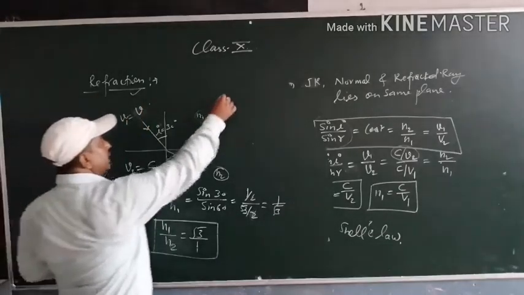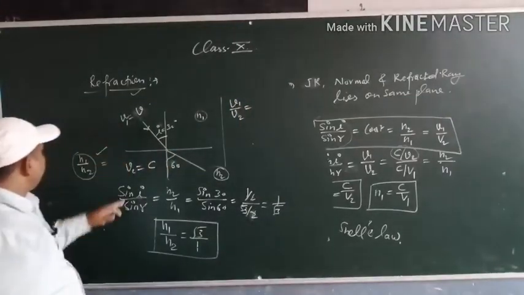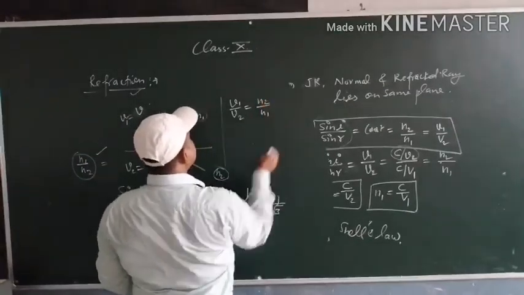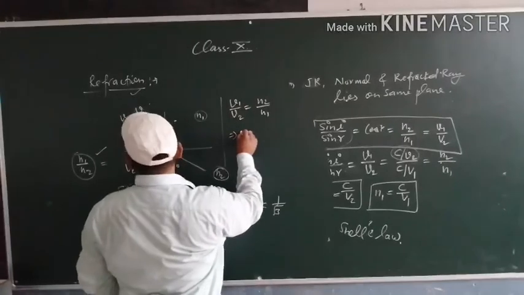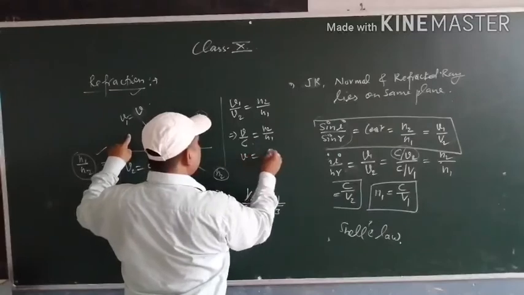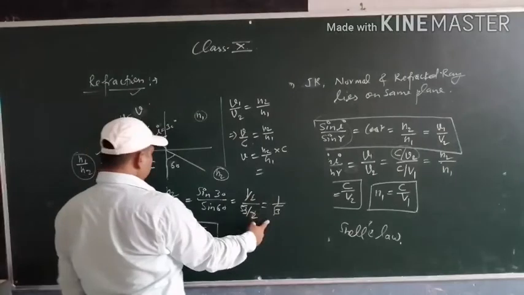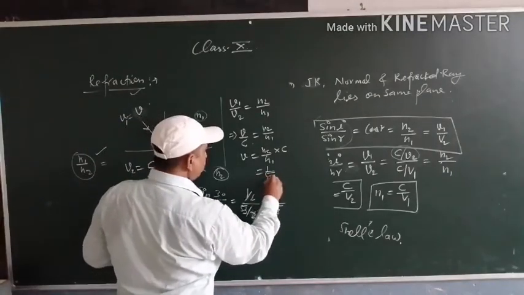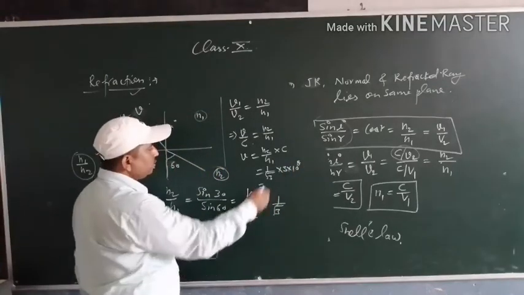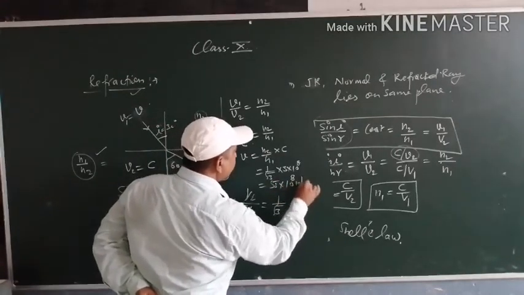From here we can calculate: v1 divided by v2 is equal to n2 by n1. So v by c equals n2 by n1, so v equals n2 by n1 into c, that is 1 by root 3 into 3 into 10 to the power 8, which equals root 3 into 10 to the power 8 meters per second.